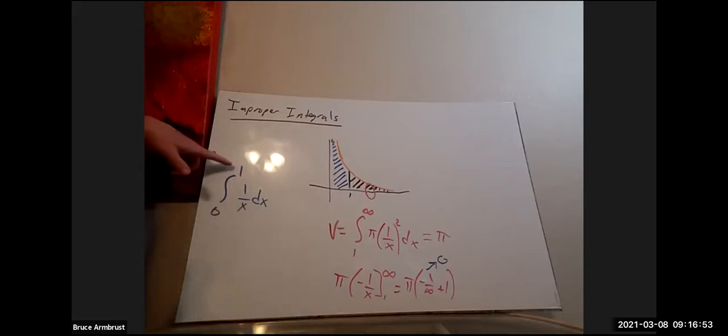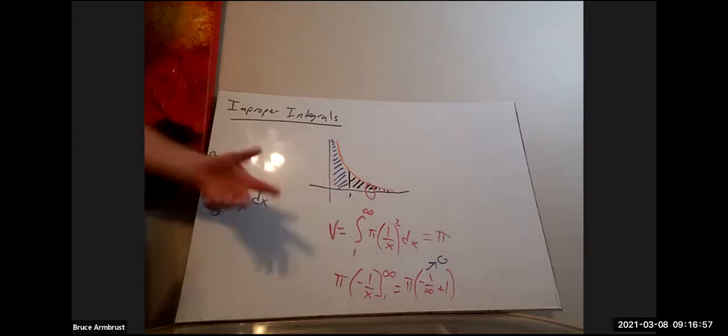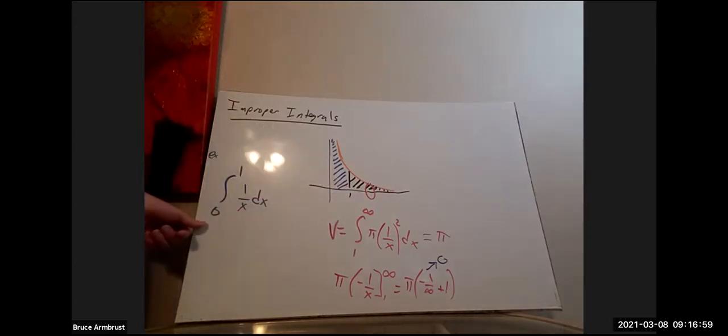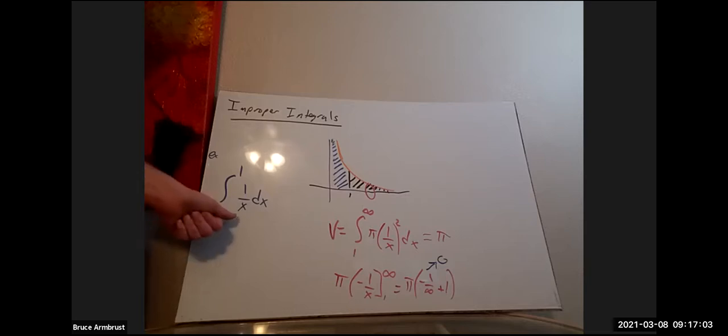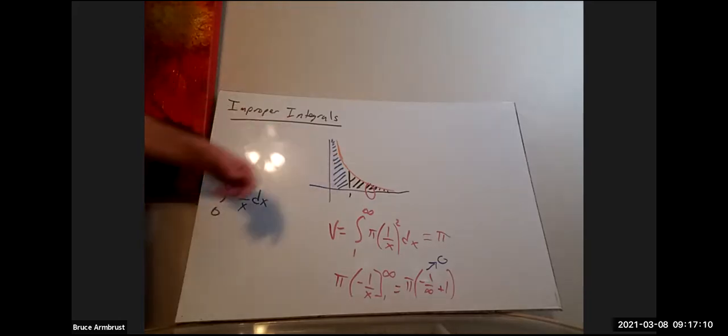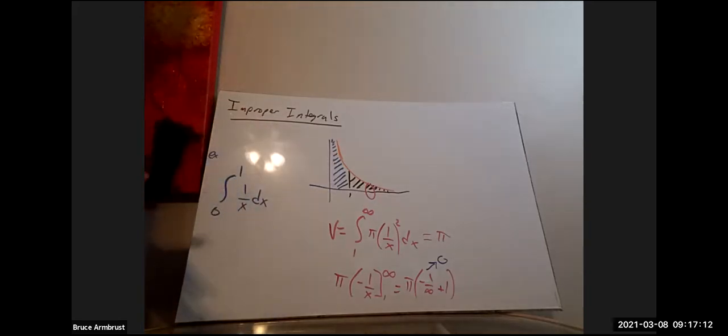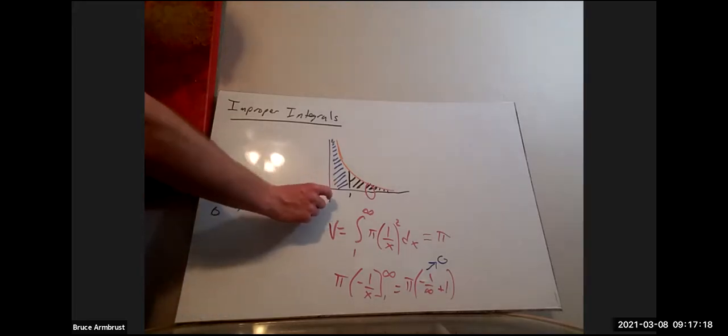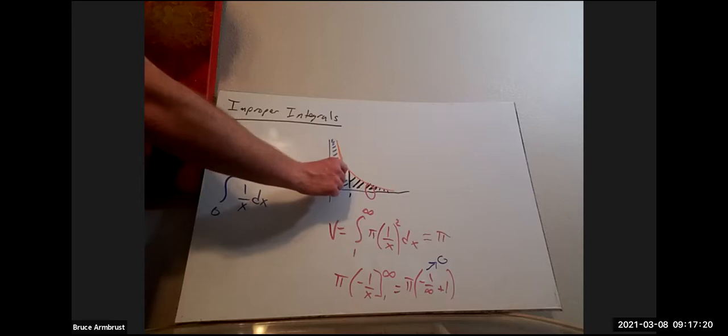Now, in this case, the 1 is no problem. 1 is beautiful. Everything's great there. But 0, we have a bit of an issue, because 0 makes this function undefined. You can't do 1 divided by 0. We've got this infinite asymptote, and we have that same kind of problem that we saw before of we keep adding an infinite amount, right? Think about what we do when we do integrals. We're splitting it into rectangles.